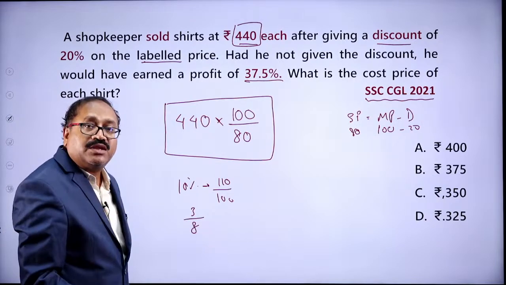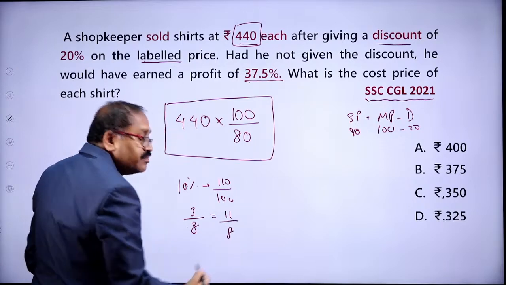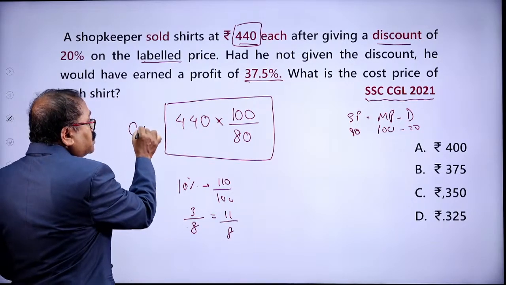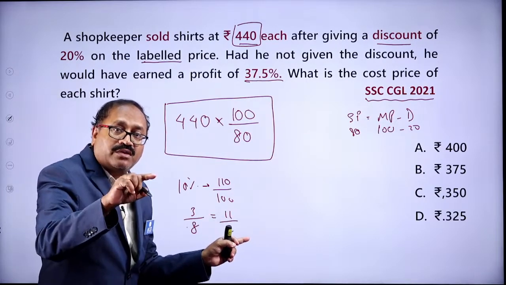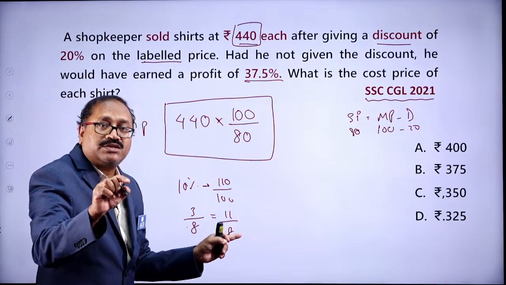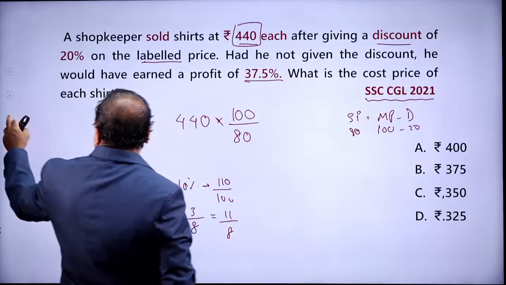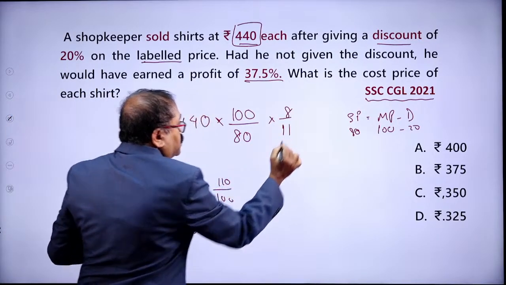Then what will be your selling price? 8 plus 3, which is 11 by 8. You need the cost price, so you need to multiply this by 8 by 11 to get the cost price.